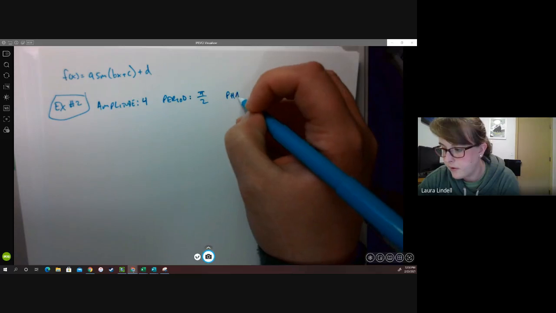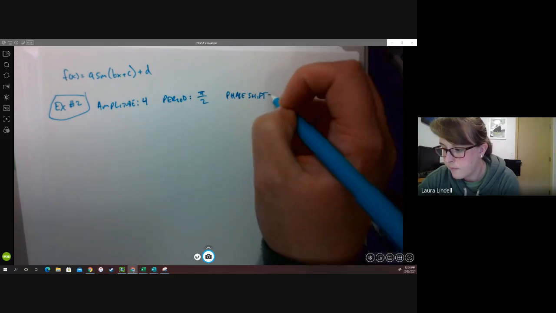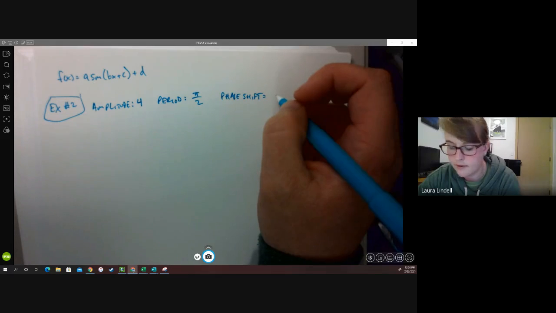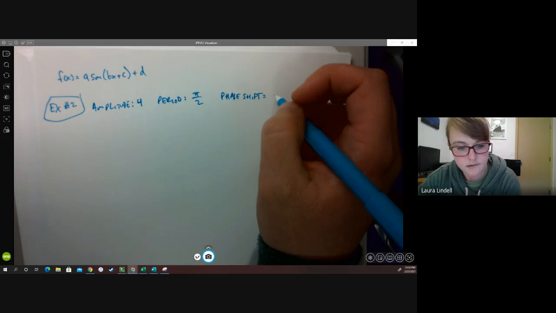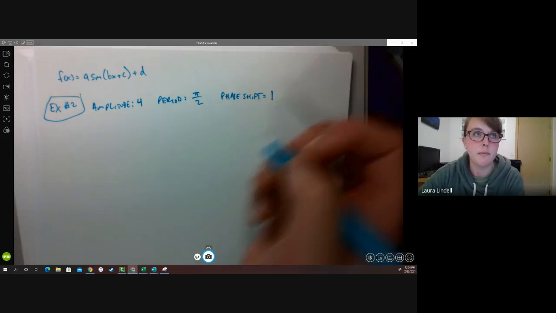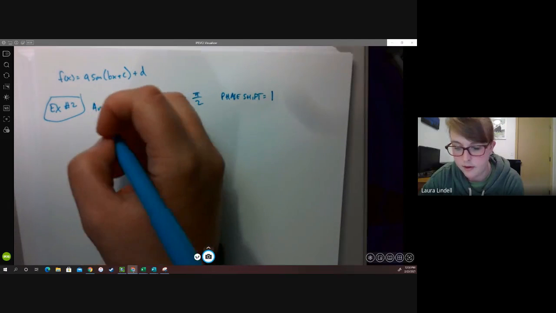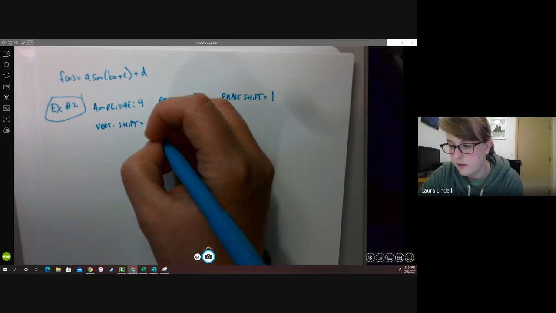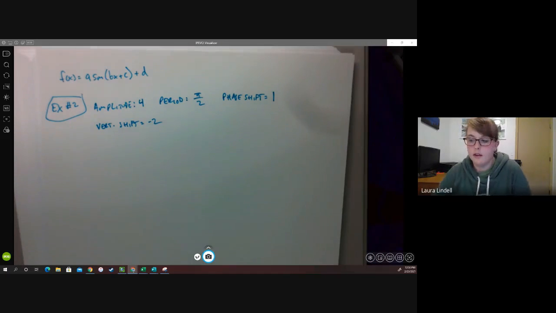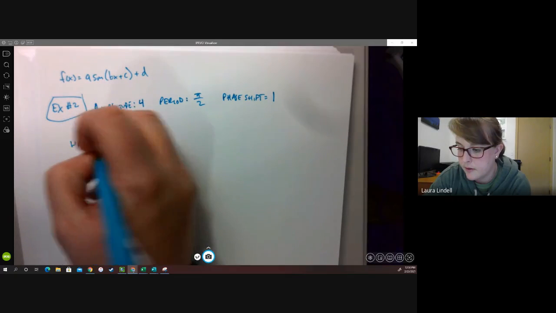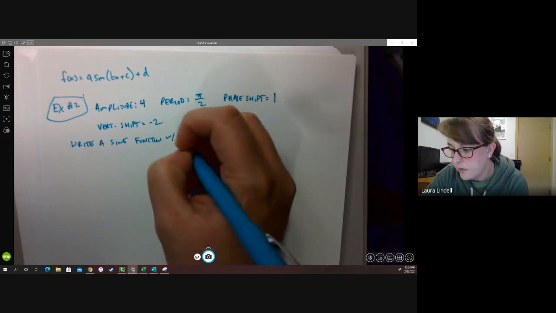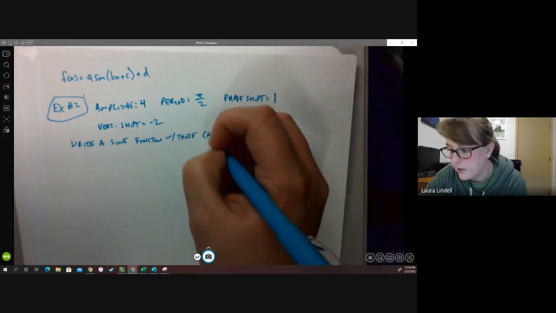Phase shift is, what would be something fairly friendly here? Go 1 and see what happens. And then vertical shift is -2. And we're going to be told to write a sine function with these characteristics.